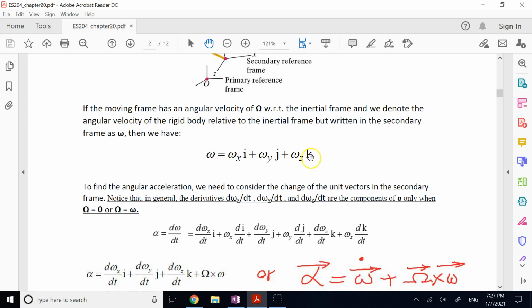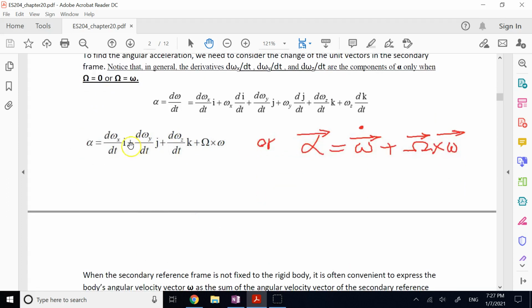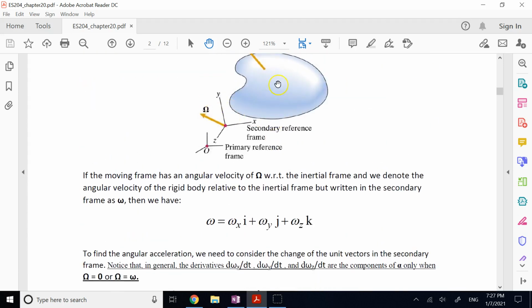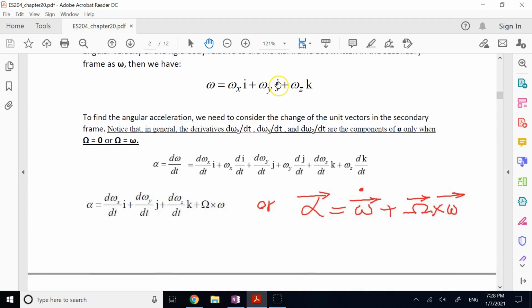So when I take time derivative of omega to find alpha, alpha is going to be the time derivative of these components times ijk, plus omega x times the time derivative of i, j and k, and those time derivatives of ijk are going to be cap omega cross ijk.